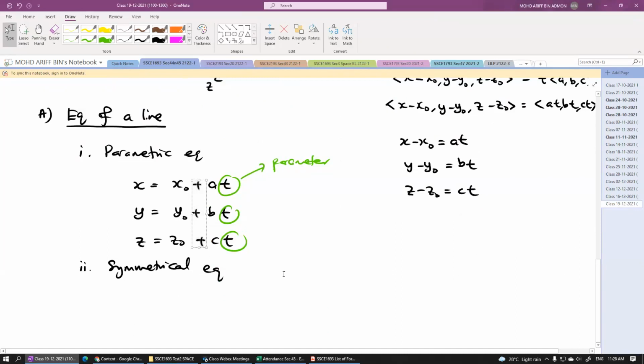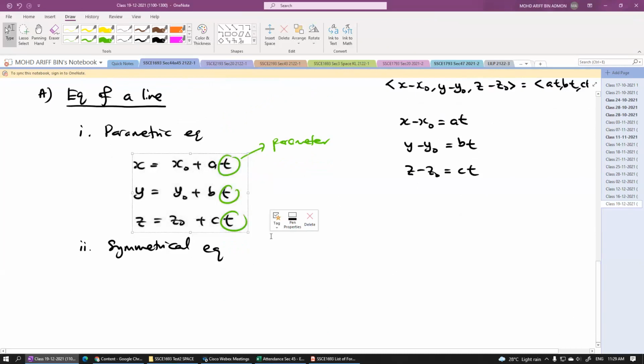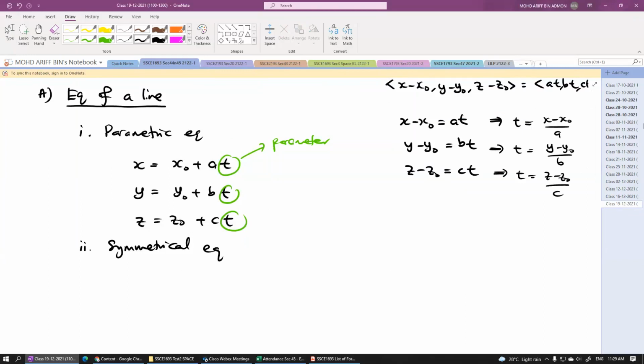Next, the symmetrical equation. Basically we get it from the parametric equation. I put t equal to x minus x naught over a, t equal to y minus y naught over b, and t equal to z minus z naught over c. Since the parameter t should be equal, if you choose t equal to 0, all t here must be substituted by 0.